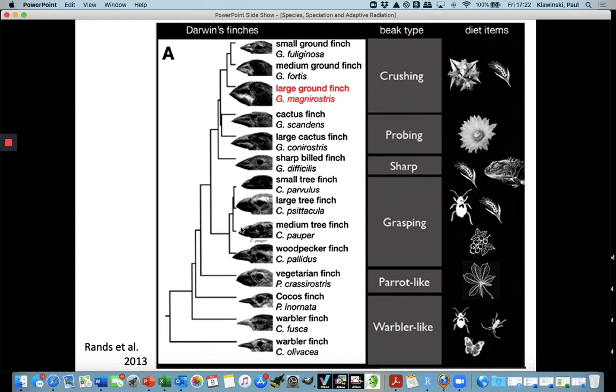And you can see that there's a close correspondence to the type of beak and the type of diet. And so Hendry's ideas that the food that is available on the island is very important in determining which types of beak morphology survive and reproduce. That's the thing that is the basis of selection among these different bird species.